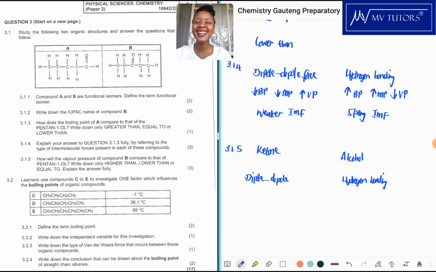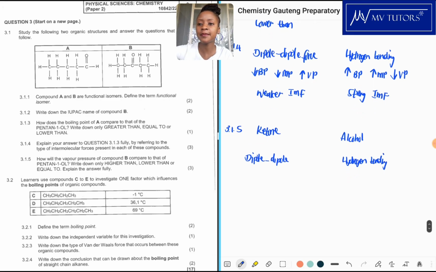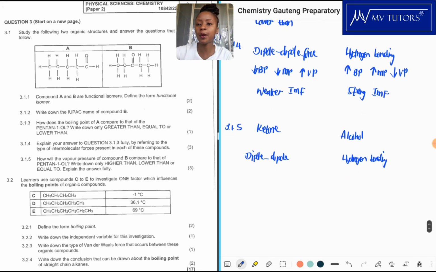Well, not really the same. They are functional isomers, so the chemical properties are quite similar. So for the ketone, you still have dipole-dipole. The alcohol is still hydrogen bonding. Same reasoning as the other one: you have stronger intermolecular forces.